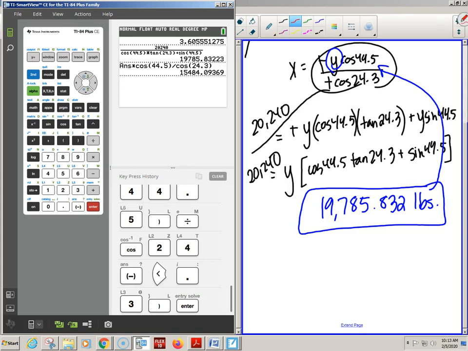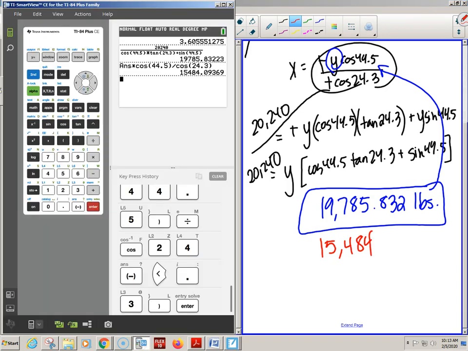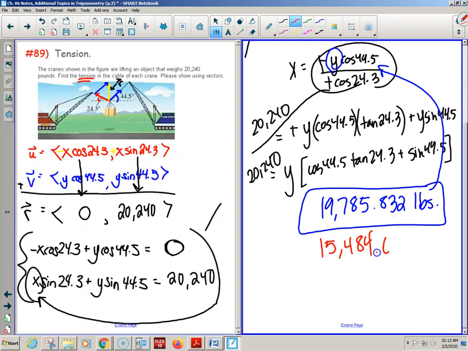Which is a little bit crazy. 15,484.094. Not at all what probably most of us would have expected at the beginning if the crate was only 20,000 pounds-ish.